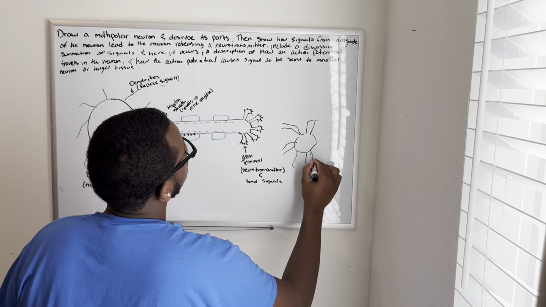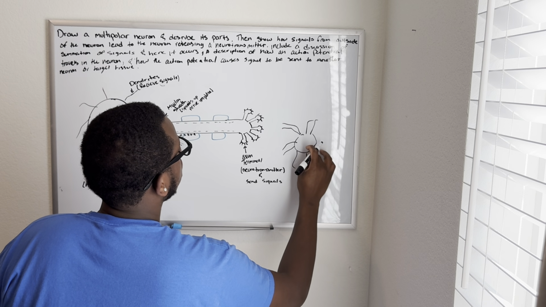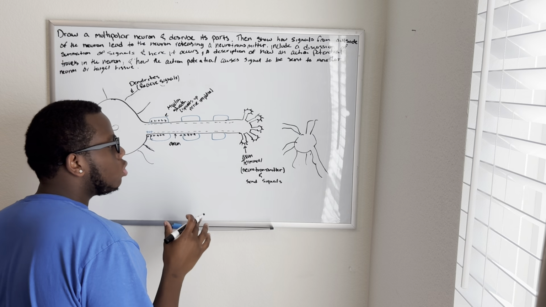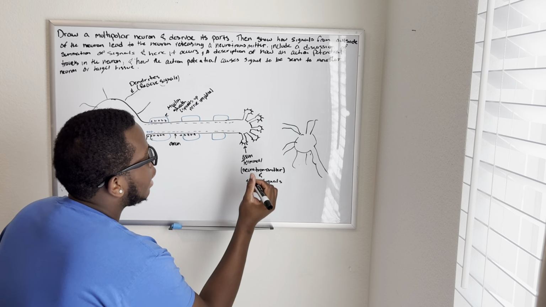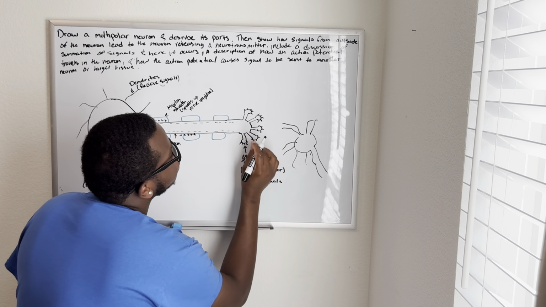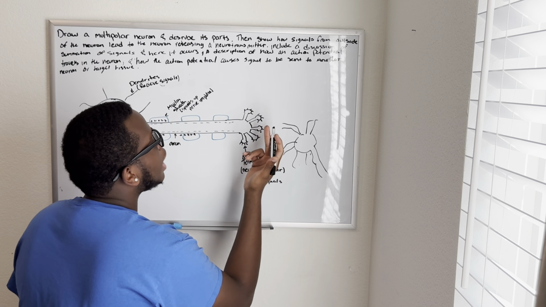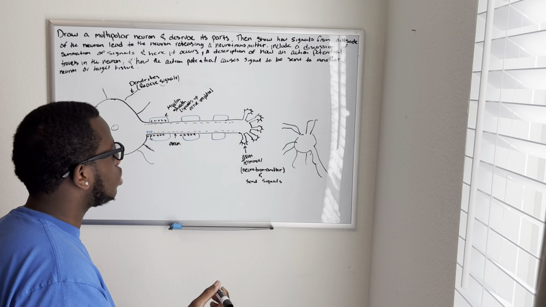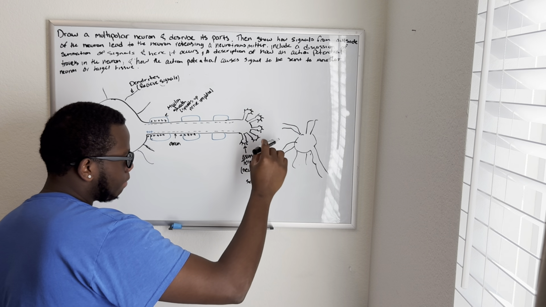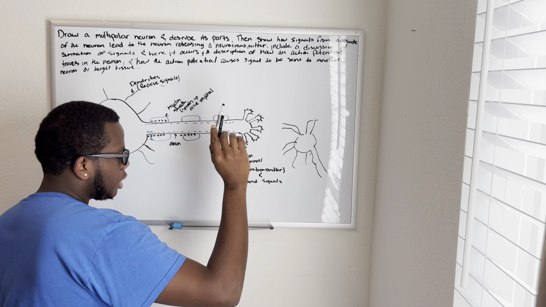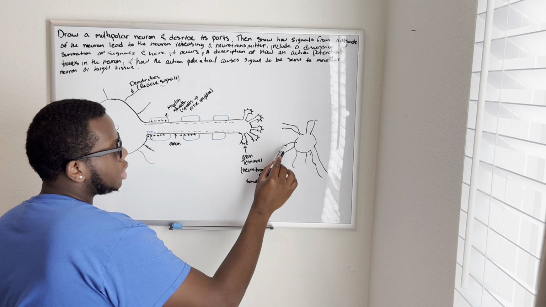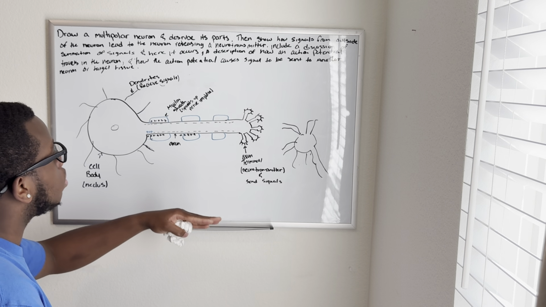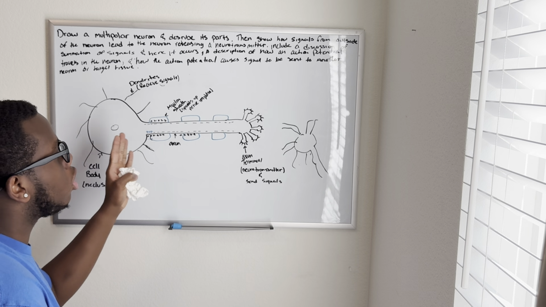They attach to the axon terminal, which has neurotransmitters, and they bind to other receptors, sensory receptors, and target tissues through a synaptic cleft. And this is how signals are transferred from neuron to neuron or neuron to tissue.